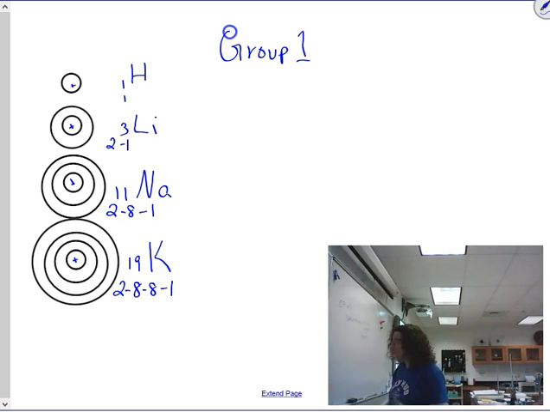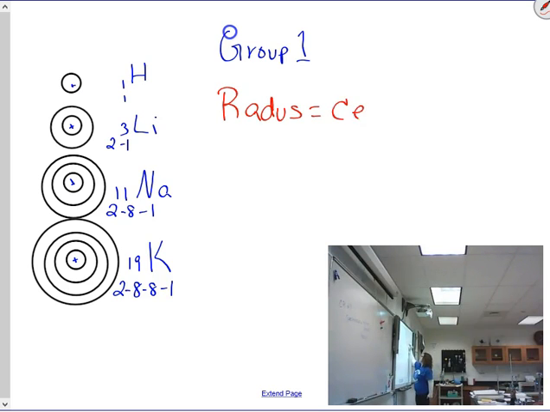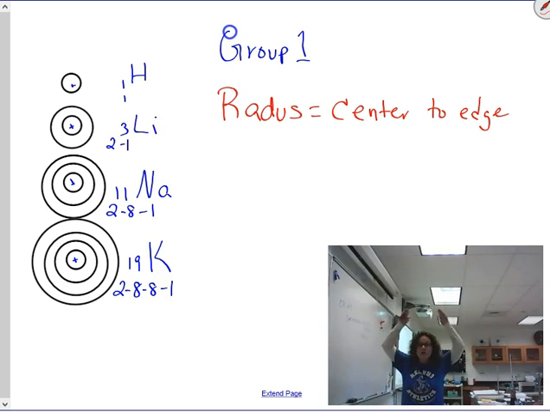The radius of any circle is from the center to the edge. Since we know that, we can apply that same idea to atoms. In an atom, the center is called the nucleus, and the edge, the outermost part of the atom, has those electrons in the outermost orbital, and we call those the valence electrons.